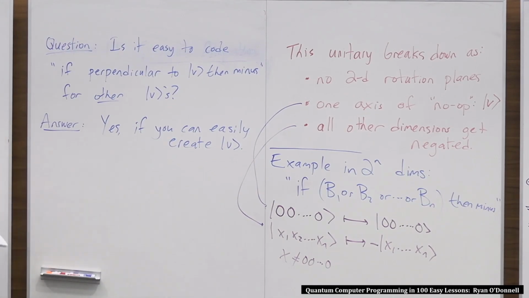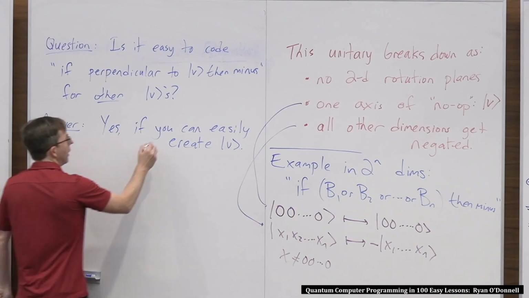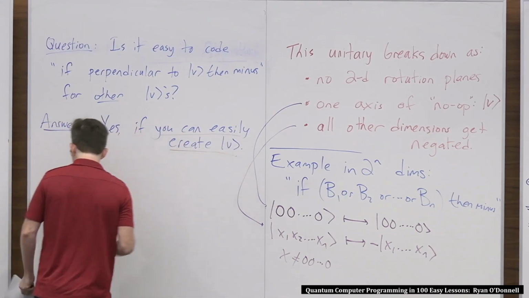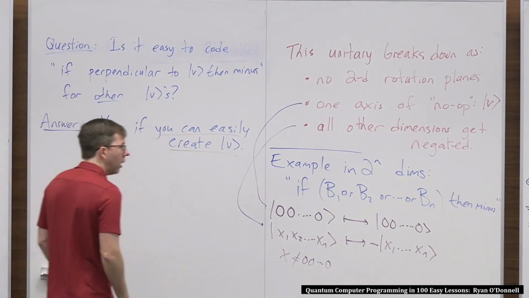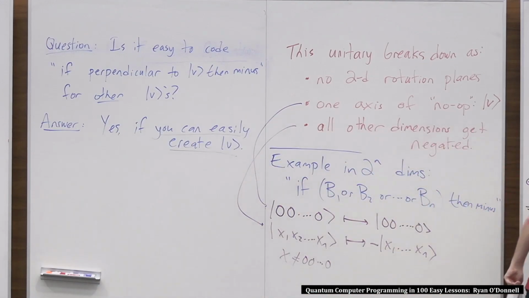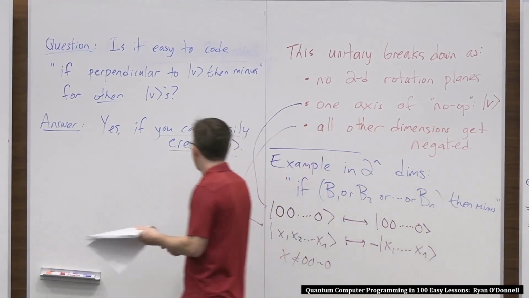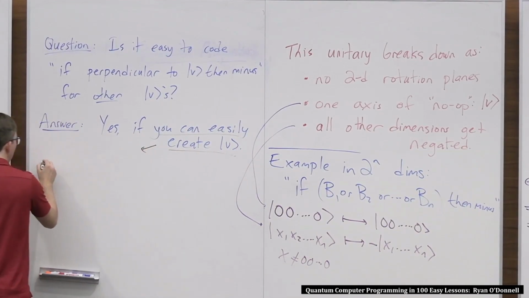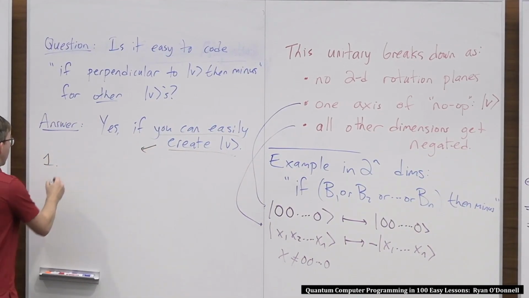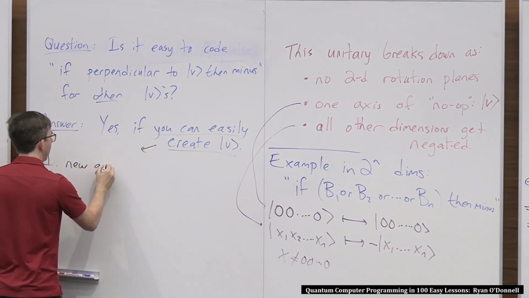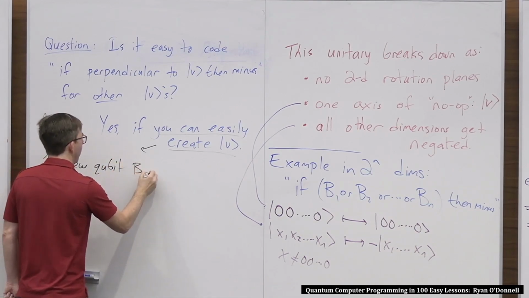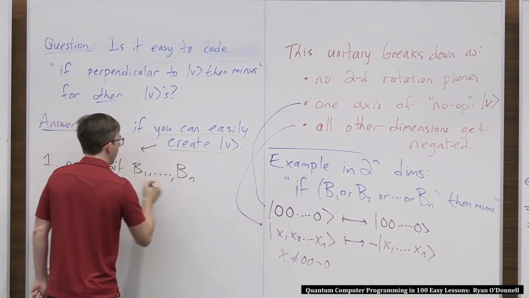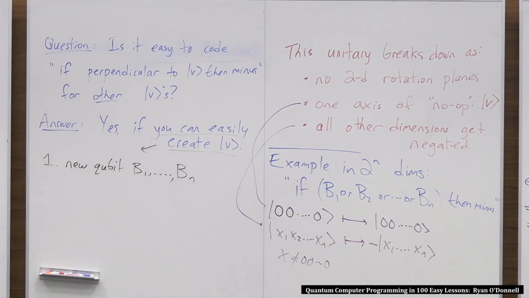First, what do I mean by you can easily create this vector V? Imagine you have some code where the first line of code is new qubit b1 through bn. Always going to be imagining we have n qubits, or 2 to the n dimensions.